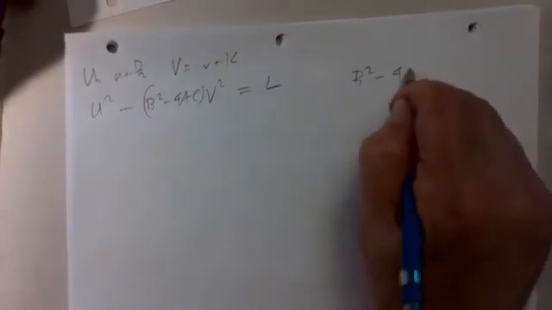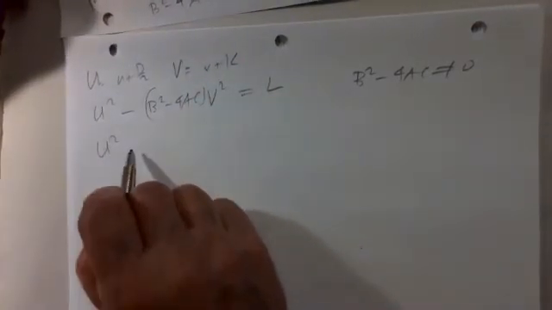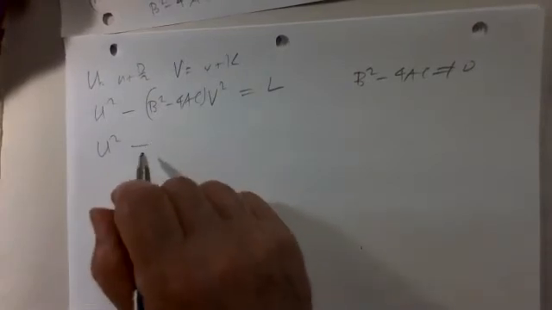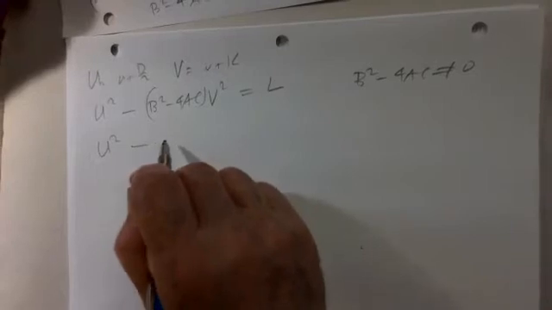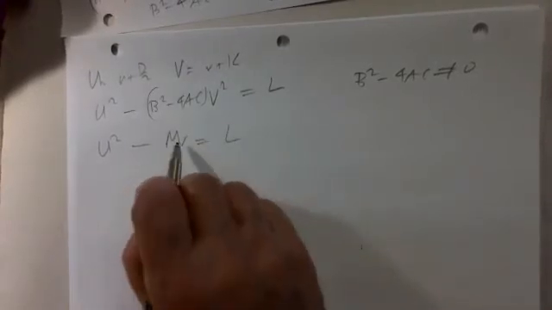This is b squared minus 4ac is not 0. And if b squared minus 4ac is equal to something, I have some equation that looks like u squared minus something times v equals something.